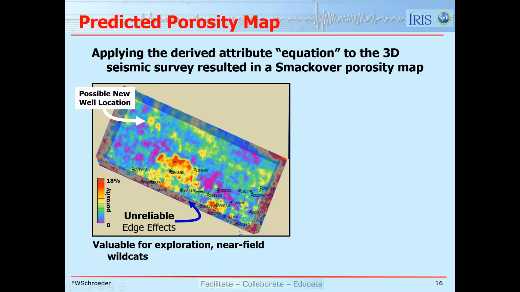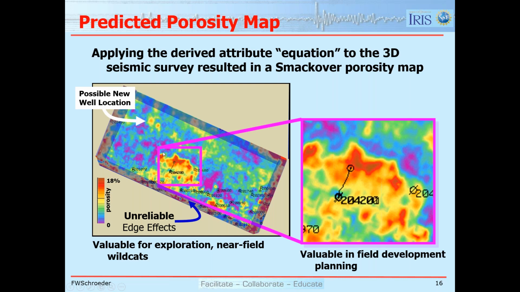There are some artifacts associated with the edge of the survey, and so we can calculate where we don't think our equation may be appropriate, and that's what the grayed out portion of the map is. And then if we are not working exploration, but we're working production, and we're interested in this particular feature where we have good carbonate porosity, we have a well, I believe the surface location is here, and this is where it hits the Smackover.